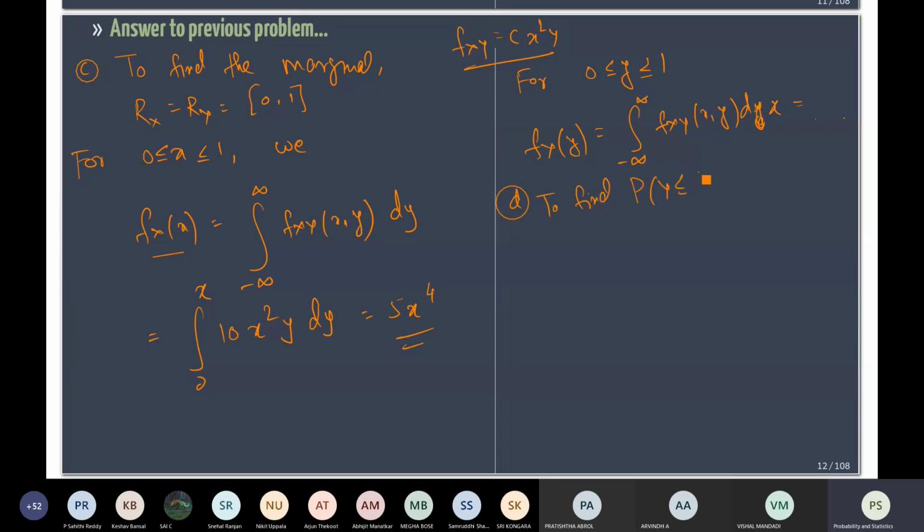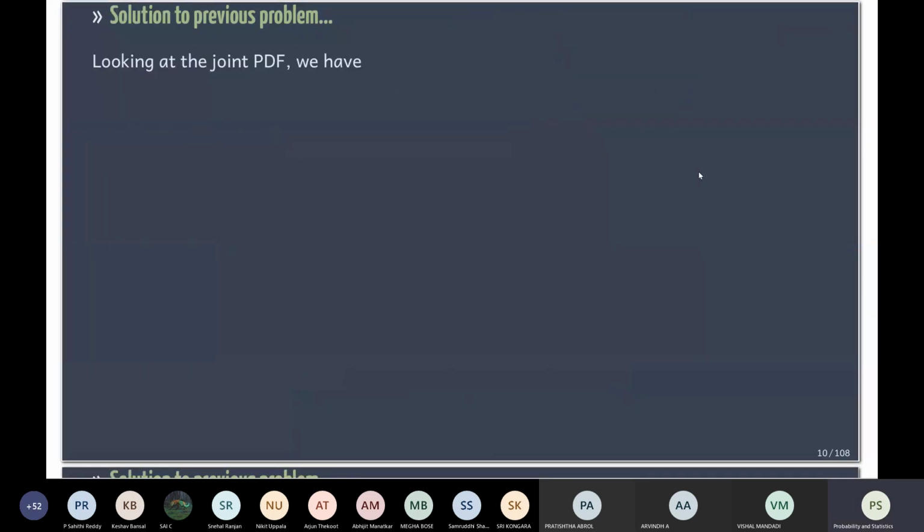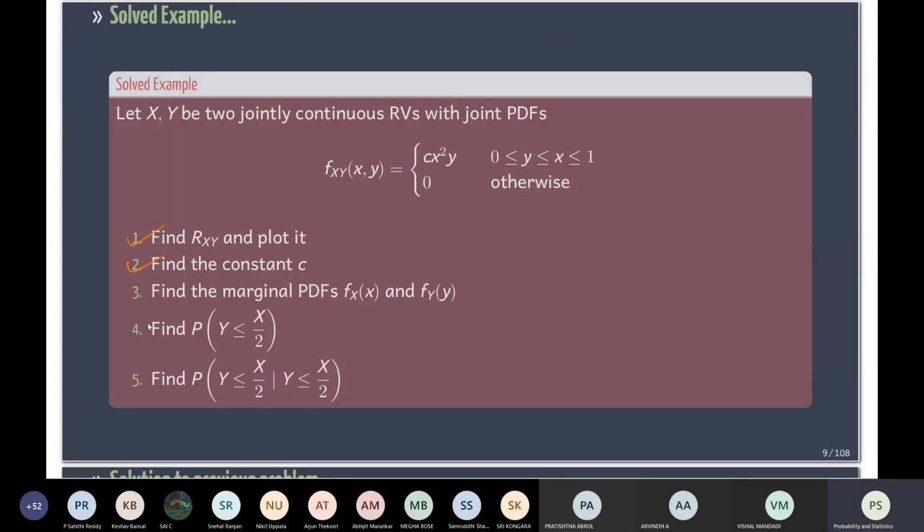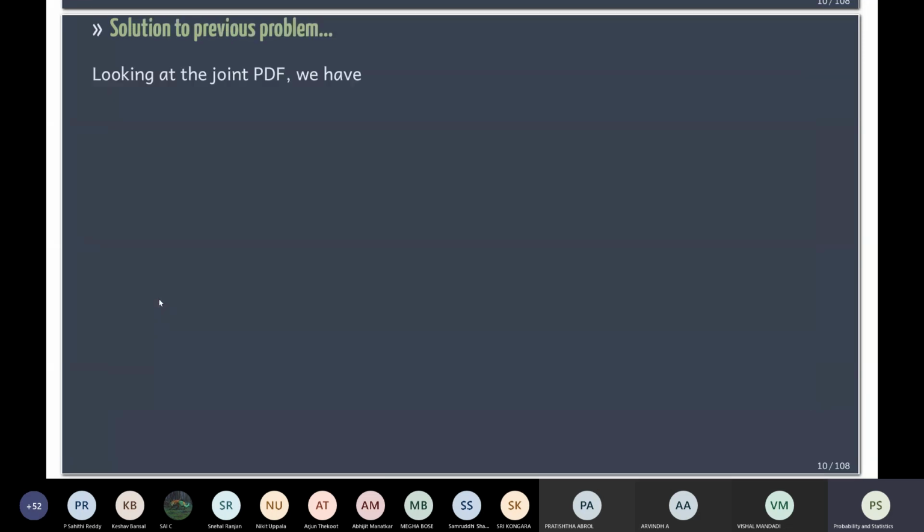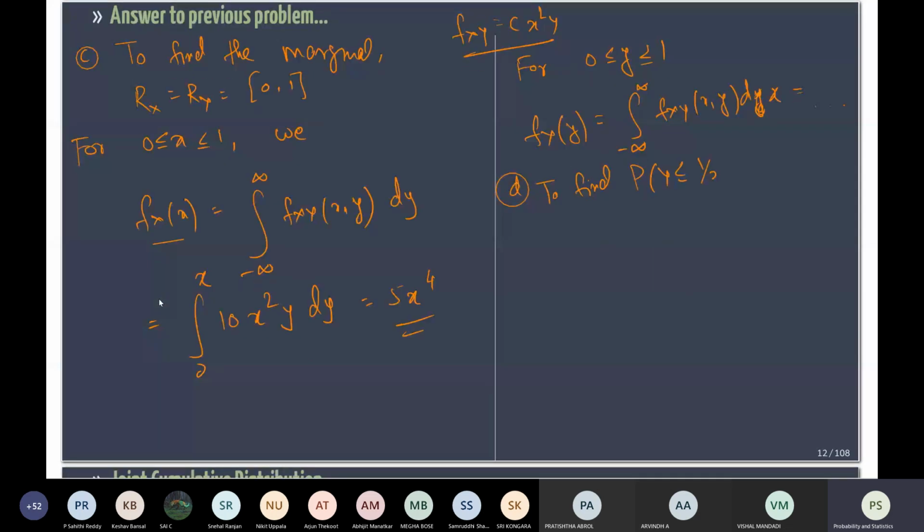Now to find the probability that y less than or equal to x by 2, right? What was that probability of? Yeah, y less than or equal to x by 2. Then it means we have to integrate this. Now the y will be upper bounded by x by 2, not by x, right? So remember the probability calculations, how we used to do.